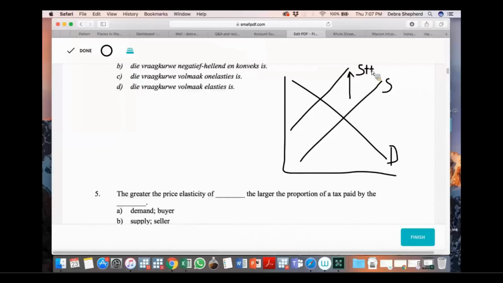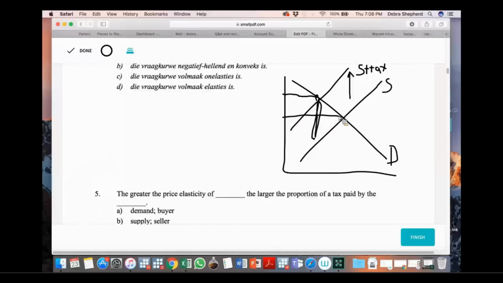Now, if we look at the price after the tax and before the tax, this is the price after the tax, this is the price before the tax, and this here is the actual distance of the tax.